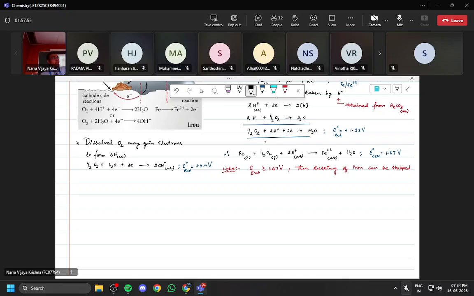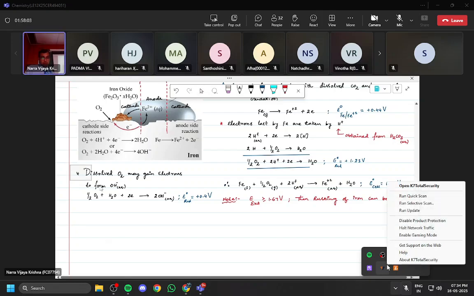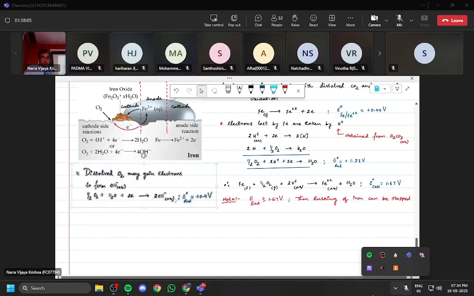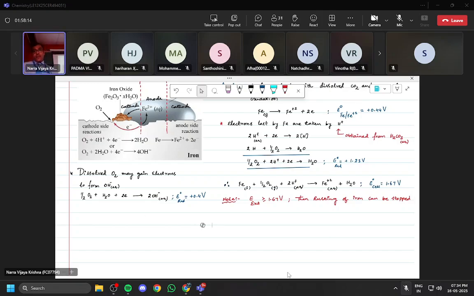Right? And those electrons will be gained either in acidic medium or in basic medium. Among these two, where E naught of cell is high, which will favor reduction more readily, acidic medium or basic medium?